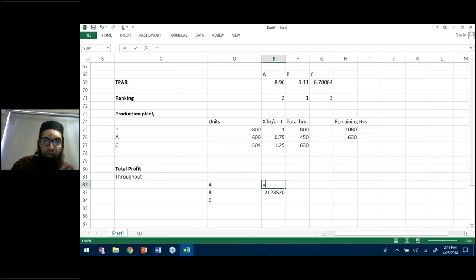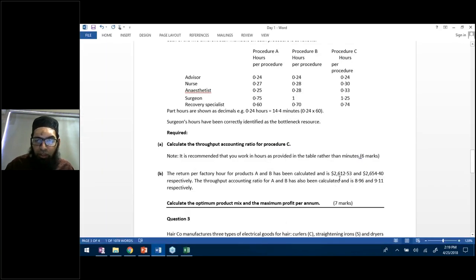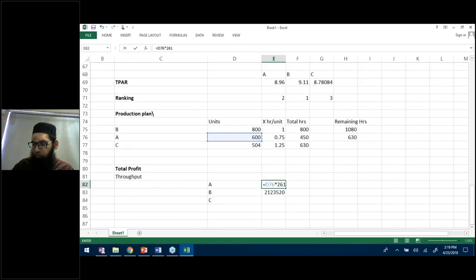For A, we have done 600 procedures and each A will get the throughput per unit of 2612.53. And for procedure C, we have done 504 procedures.